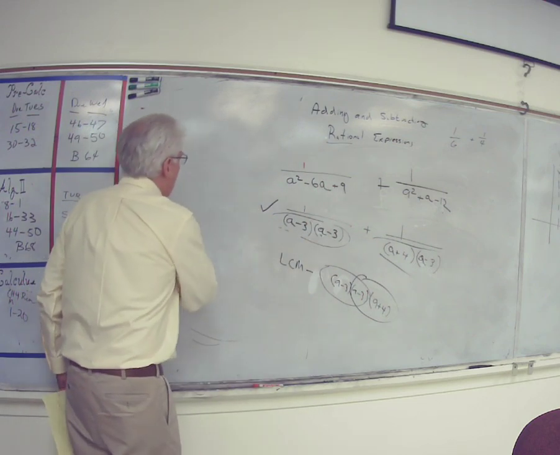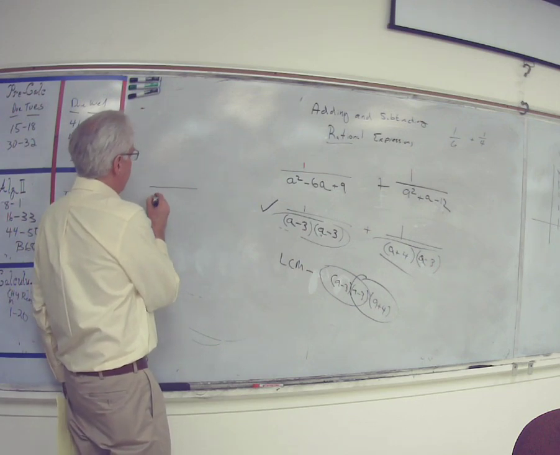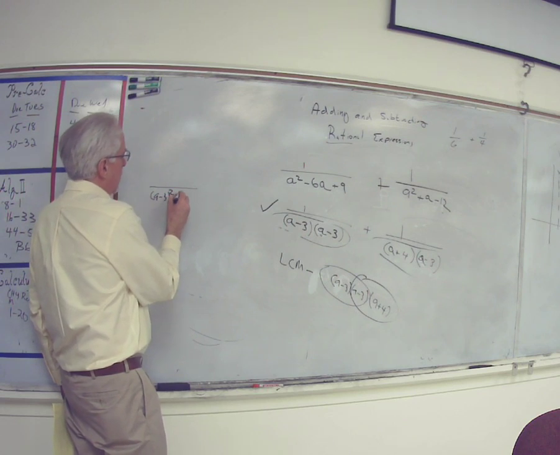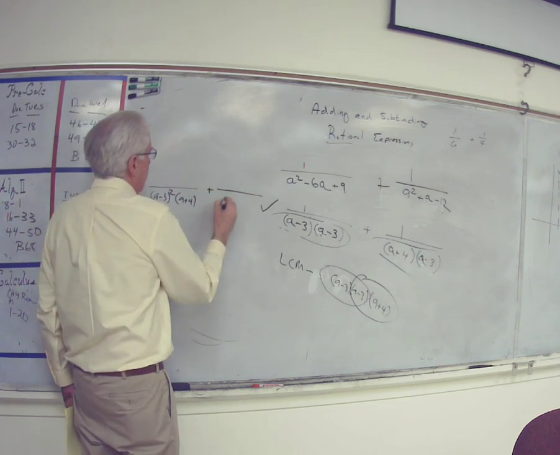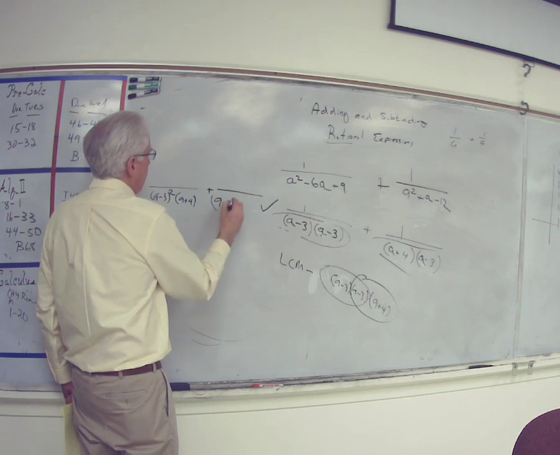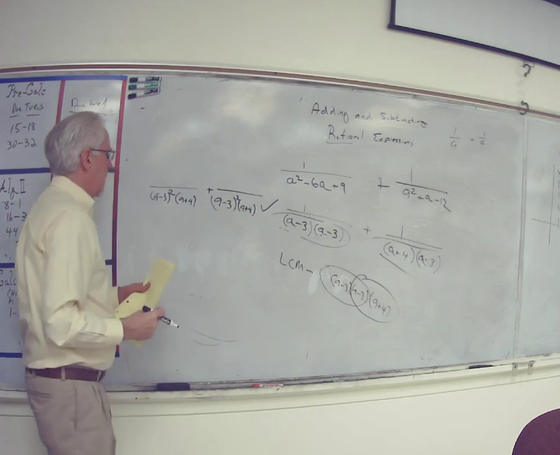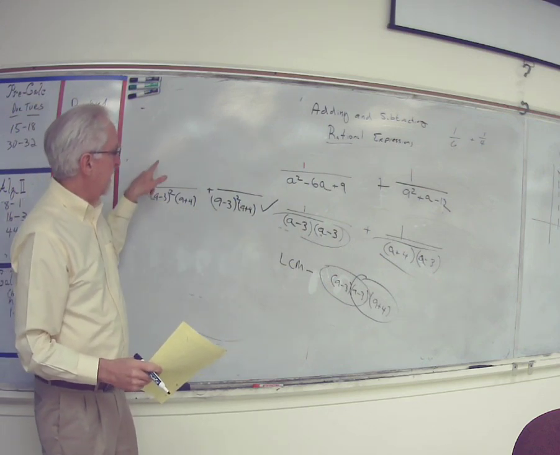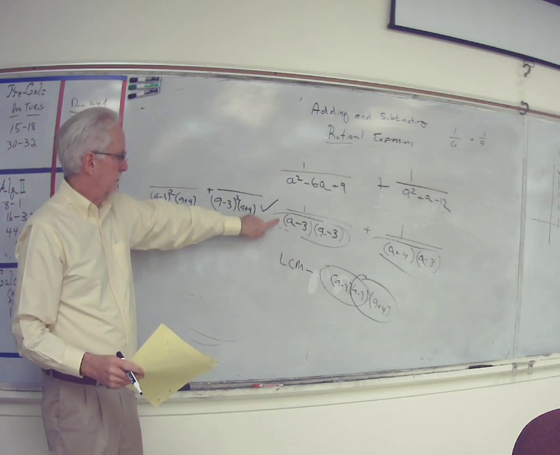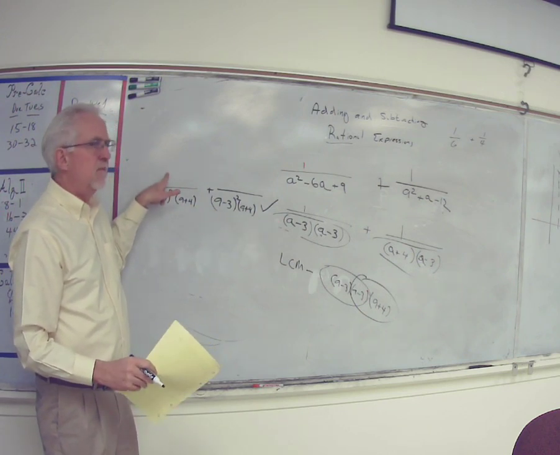Now let's think of what we have here. Okay? So my common denominator is going to be A minus 3 squared onto A plus 4, and then plus A minus 3 onto A plus 4, A minus 3 squared. Okay, what did I multiply this denominator by? A plus 4. So what do I have to multiply the numerator by?